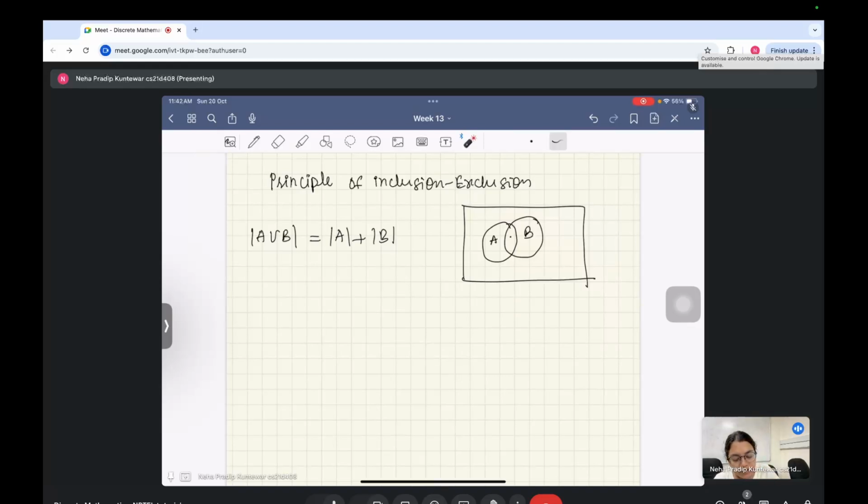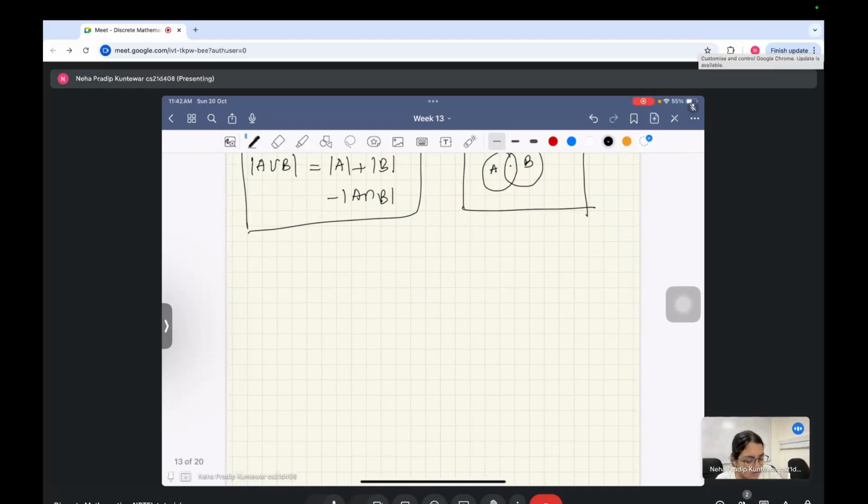So I'll subtract it from the sum, so that this part was added once here and subtracted once there, and only gets added once in the total sum. This is what we know for two sets.